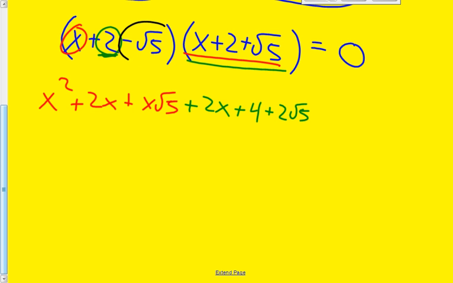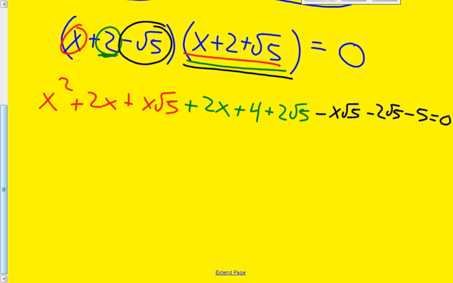A negative square root 5 times everything in here is a negative x square root 5. A negative 2 square root 5. And a negative square root 5 times a positive square root 5 is a negative square root 25, which is a negative 5. Square root 5 times square root 5 is 5, and a negative times a positive is a negative. All right, let's see what mess we can clean up here.